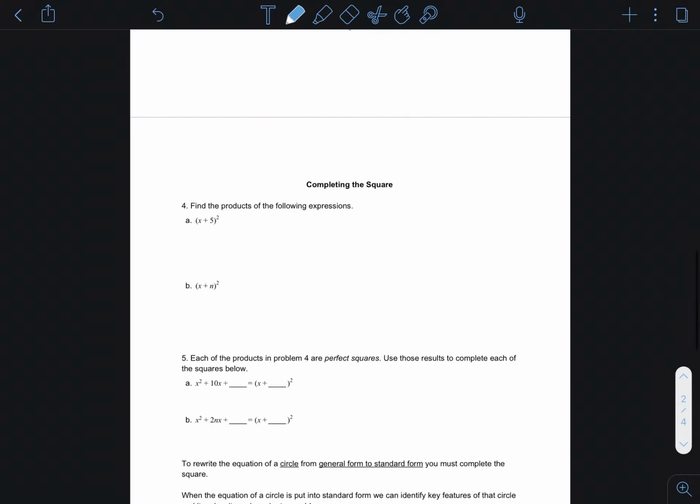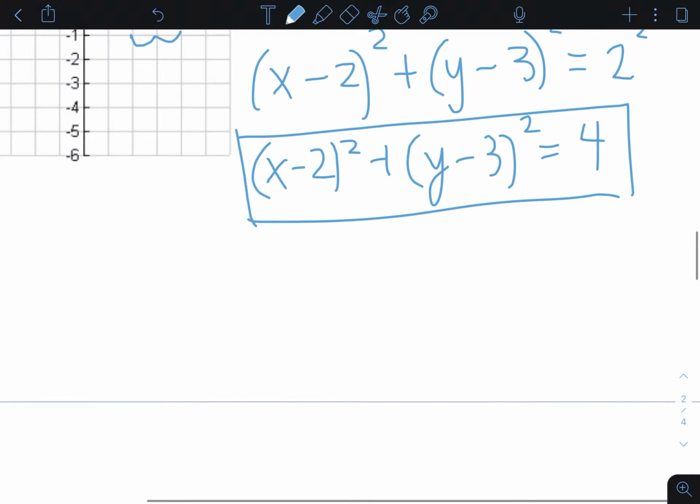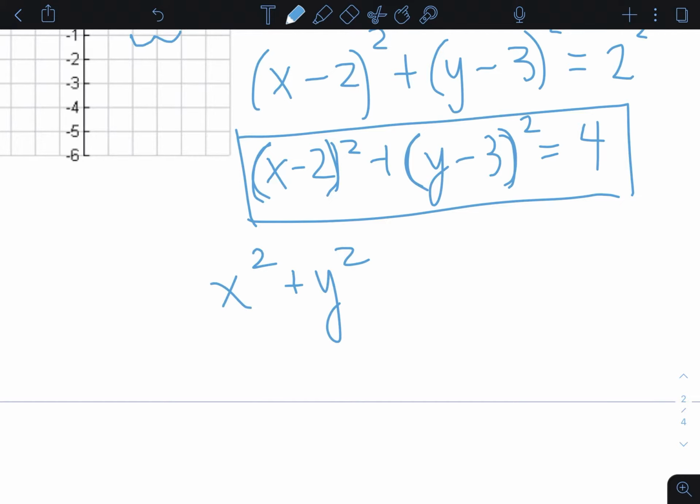And so we're going to go through the process of taking it from that general form where those coefficients are equal and then turning it into the standard form where you see that it's compact here, right? All those are squared, rather than this being spread out as x squared plus y squared and so forth, right?